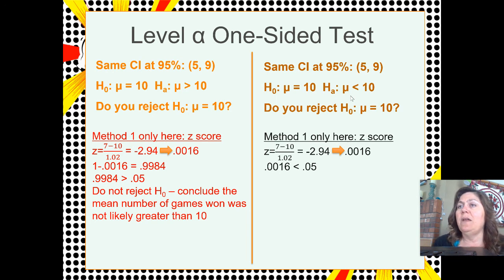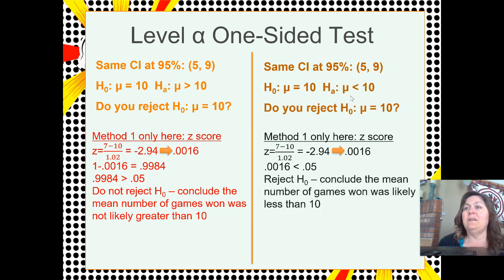So at this point, we would have a number less than 0.05. We would reject H0 and conclude the mean number of games won was likely less than 10. So we have enough statistical evidence to reject H0 when we went less than 10, but we don't have enough evidence to say that they're going to win greater than 10. Sorry, LA, you got the team, but they may not win that.